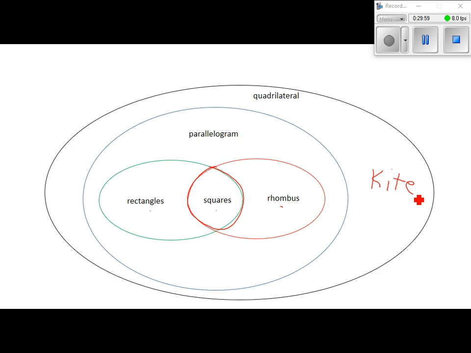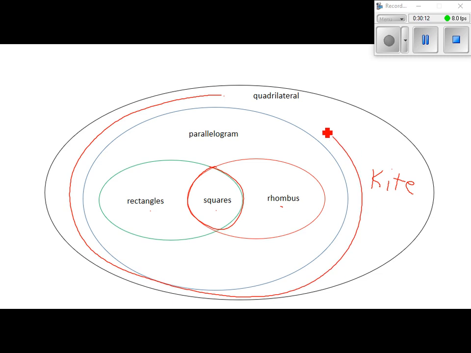It's still a quadrilateral, but it's not a parallelogram. And a trapezoid could have its own circle here, like this, or it could be its own circle out there. We'll do it that way.